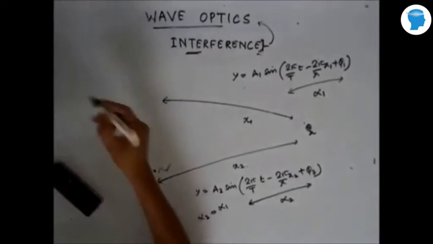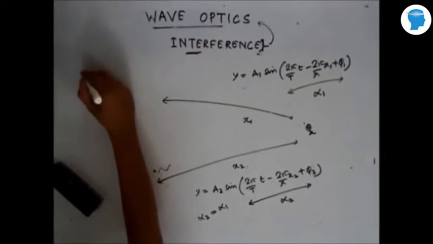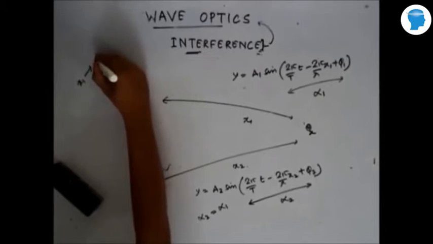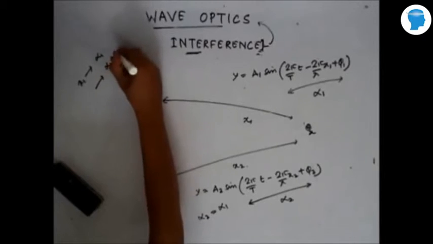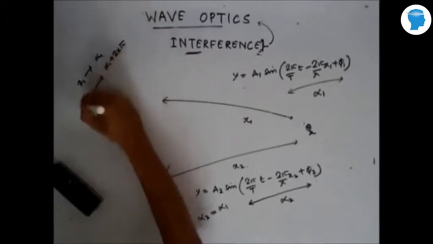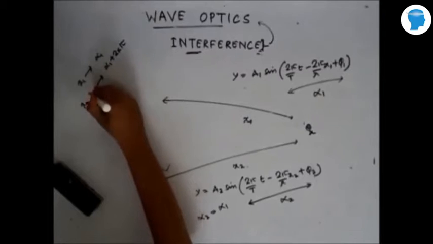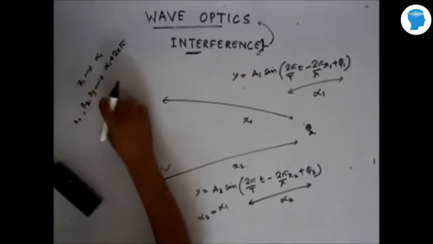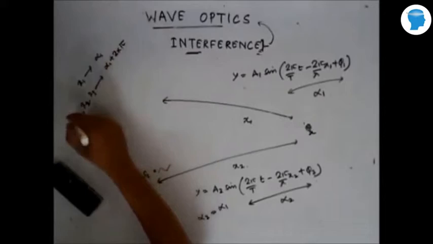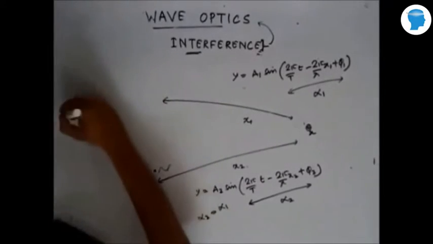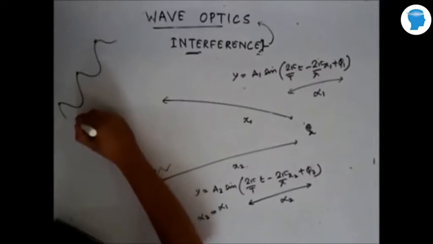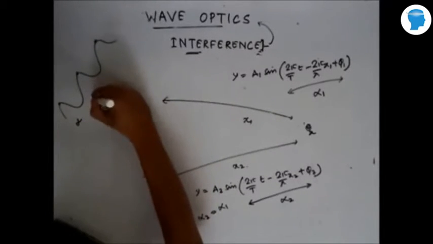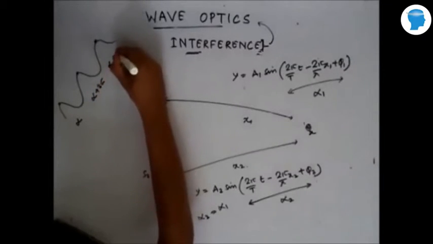In terms of phase, if at x1 the phase was alpha 1, then at phases of alpha 1 plus 2k pi, at points x2, x3, x4, whatever we get, all the particles are in phase. So when this had a phase of alpha, this had alpha plus 2 pi, this had alpha plus 4 pi.